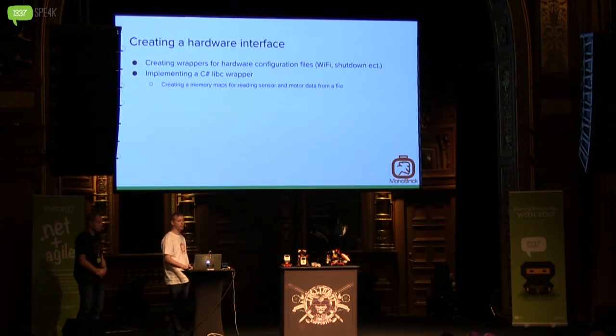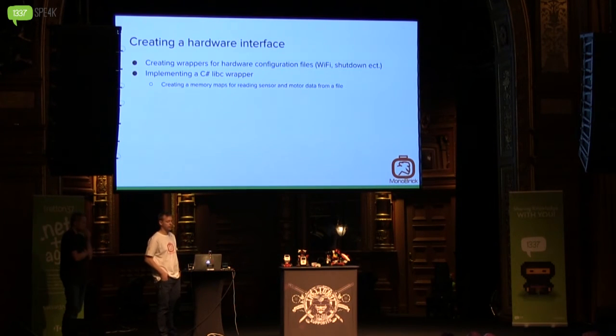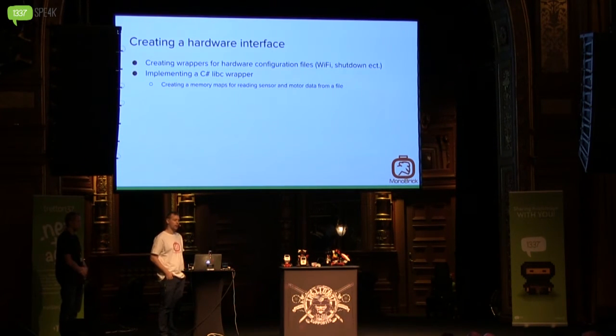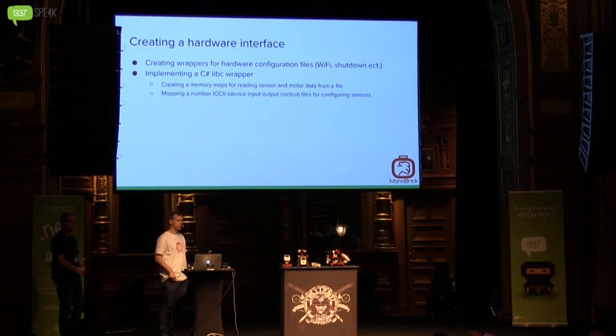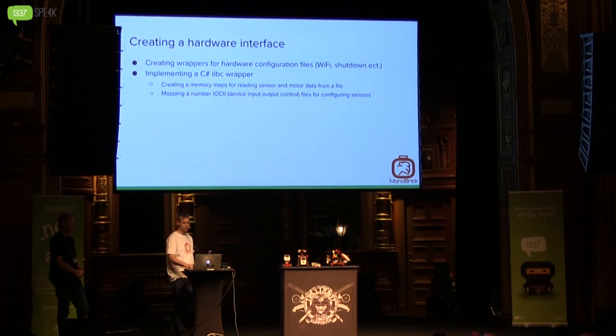And we used that for creating memory maps of files where we could read sensor values and motor data. We also used this for creating device input-output control files for configuring sensors and LCDs and other hardware stuff.